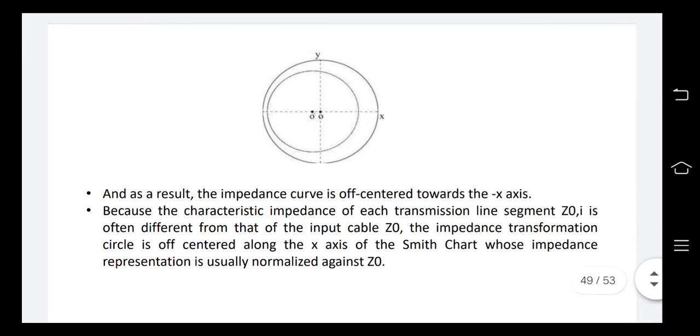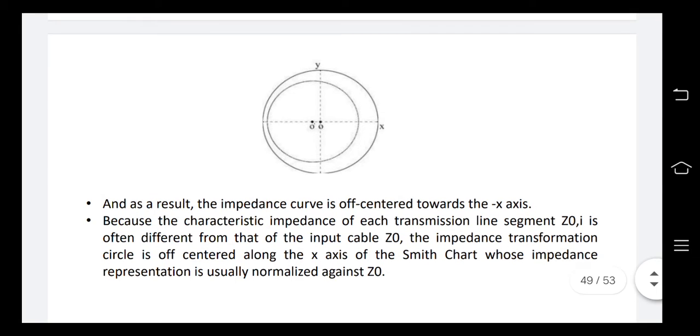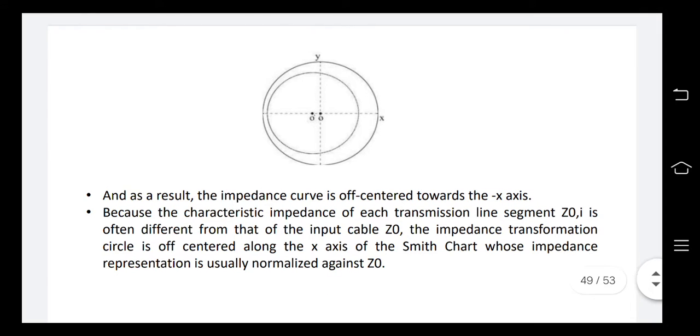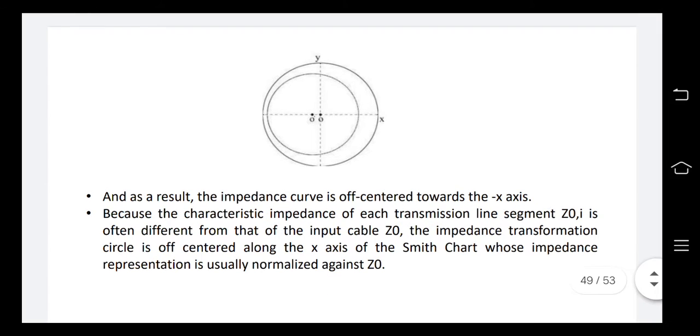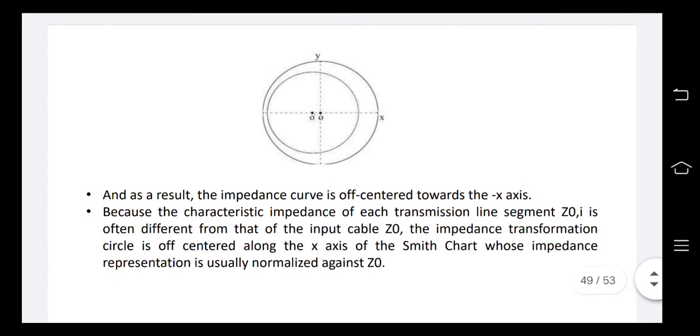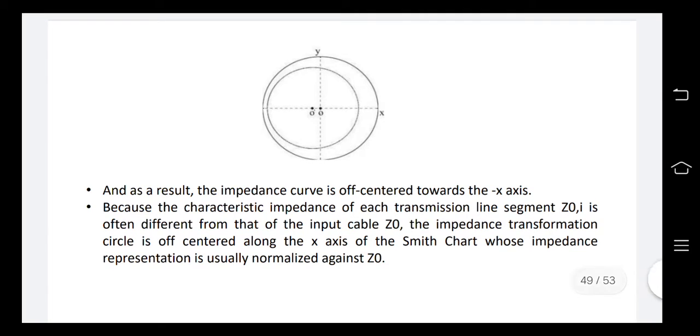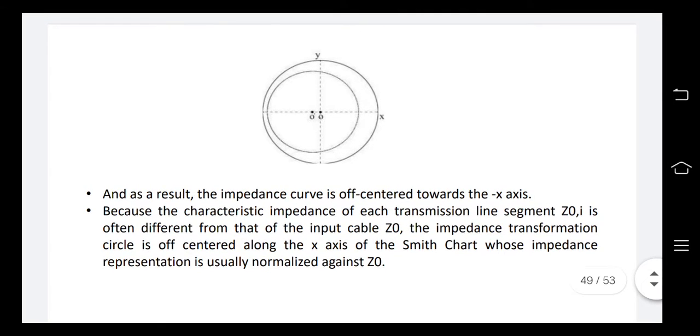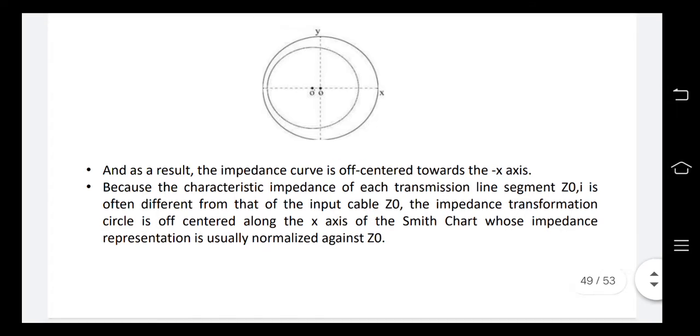Because the characteristic impedance of each transmission line segment Z0,i is often different from that of the input cable Z0, each time it changes from Z0 it will move in either direction, off-centered to the plus or the minus x-axis of the Smith chart, whose impedance representation is usually normalized against Z0.